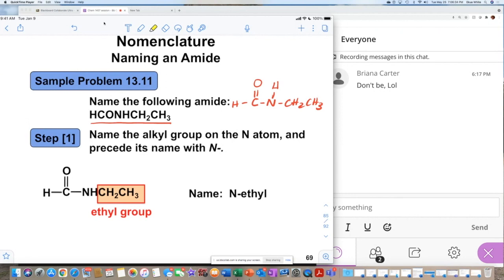Okay. So this is a functional group here, and this functional group gets called amide. And this is our side group, and this gets called ethyl. But it's on the nitrogen, so it gets called N-ethyl.